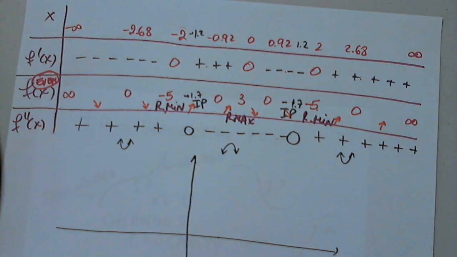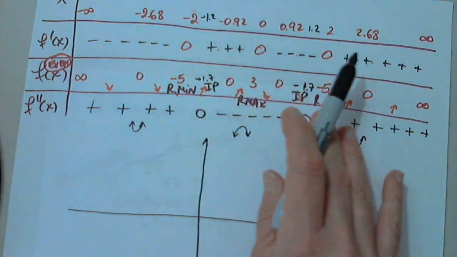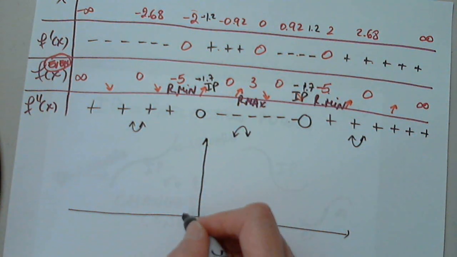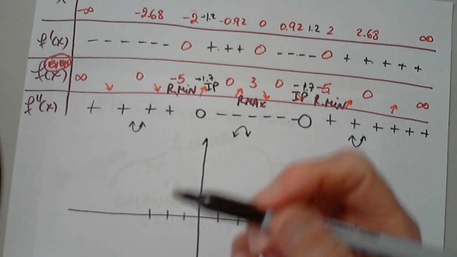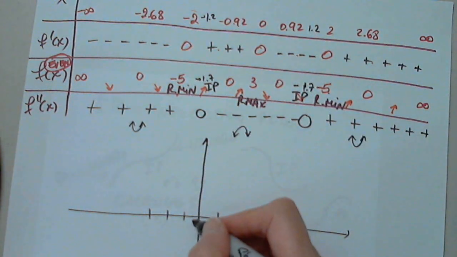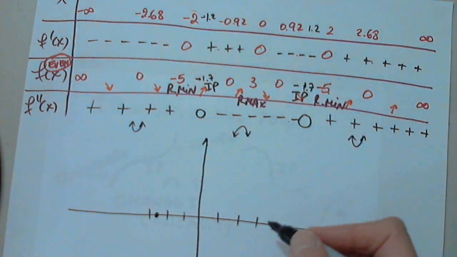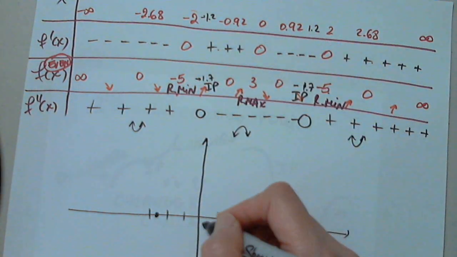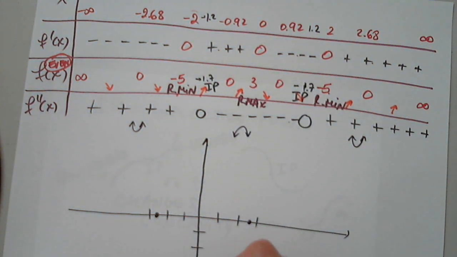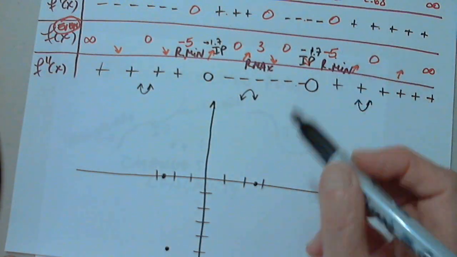First, before I do this, I need to plot all the ordered pairs I have. It's anywhere between negative 3 and 3. Negative 2.68 comma 0, and 2.68 comma 0. Negative 2 comma negative 5, and of course 2 comma negative 5.